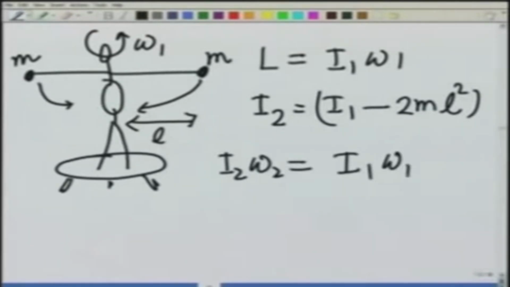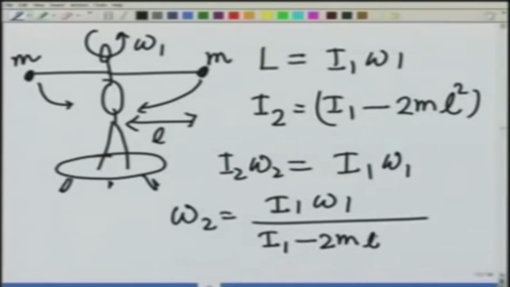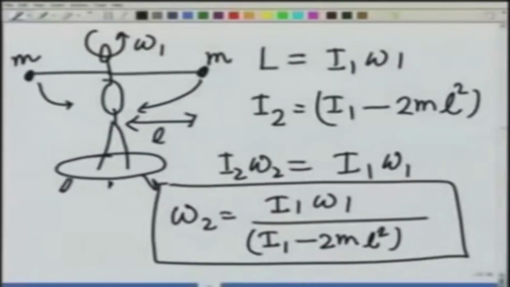After all, when I am moving my arms in or out, the other forces that are being applied by my joints are internal to the system, and therefore, omega 2 becomes I1 omega 1 over I1 minus 2 m L square. As soon as I stretch them out, it again slows down. So, this shows you the effect of change of mass on moment of inertia, change of distance on moment of inertia, and a consequence of the conservation of angular momentum.